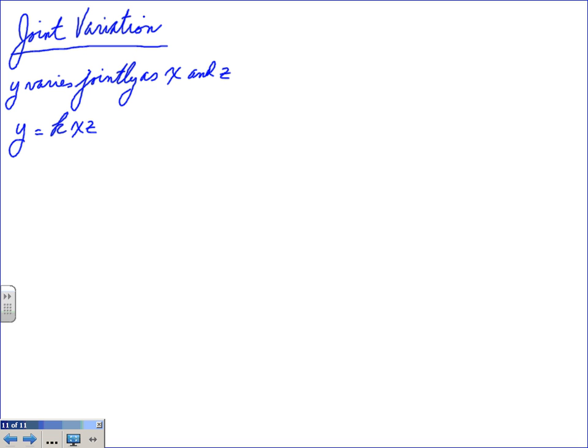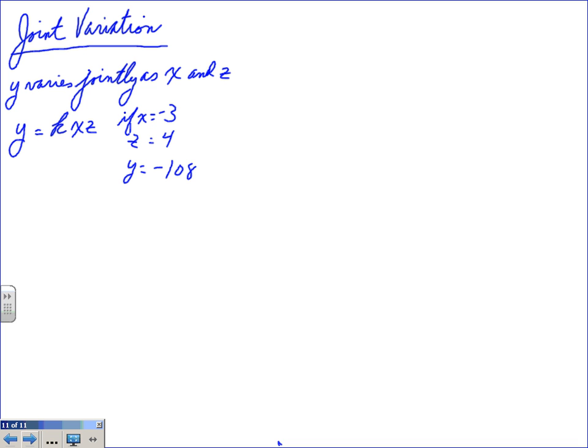Find k if x equals negative 3, z equals 4, and y is equal to, I don't know, negative 108. Find the constant of variation, find the equation of variation.